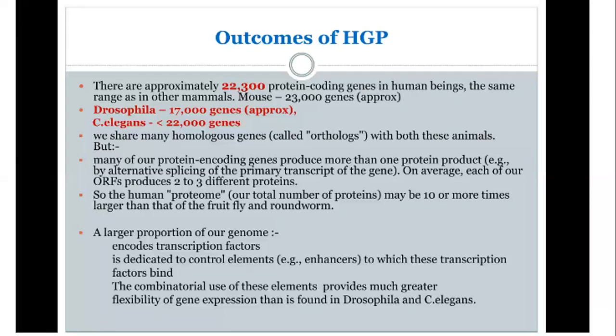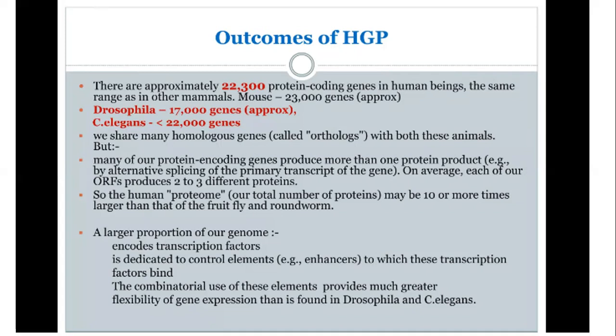Then there are the outcomes of the Human Genome Project that we have discussed before. At the end of 2003, we achieved all the aims that were concerned with the Human Genome Project.